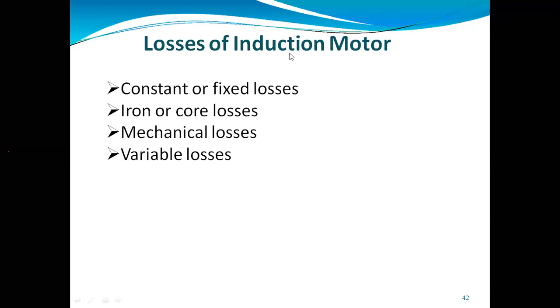Again, if you see about the induction motor, there can be variable losses which will change. These losses we can call the copper losses. These losses will occur due to the electric current flowing in the stator as well as in the rotor winding. And as the value of load changes, the electrical current flowing in the rotor will also change.